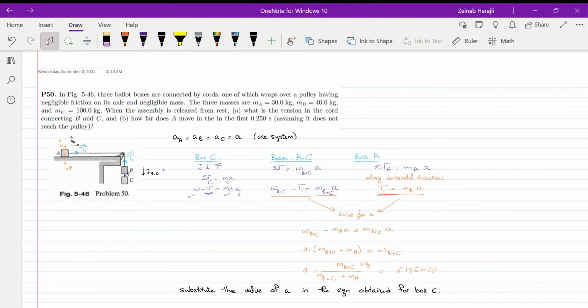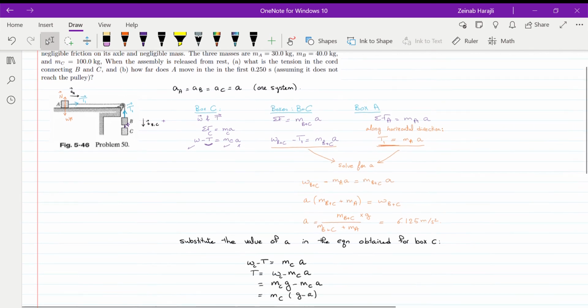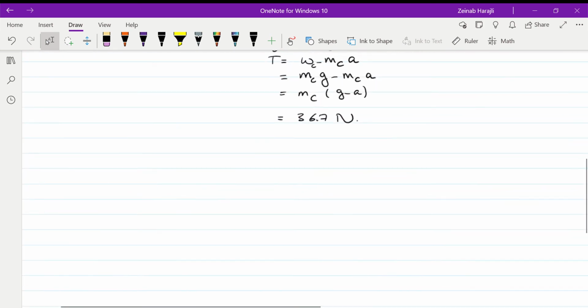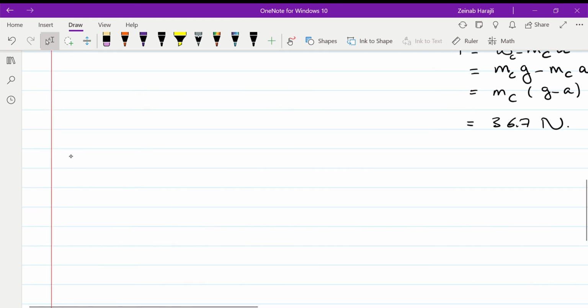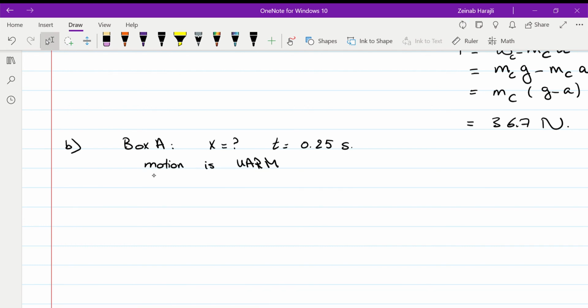Now we still have part B. How far does A move in the first 0.25 seconds? So now we're considering box A. We want the distance covered for a duration of 0.25 seconds. Obviously we can see that we have a constant acceleration in this problem, so the type of motion is uniformly accelerated motion.